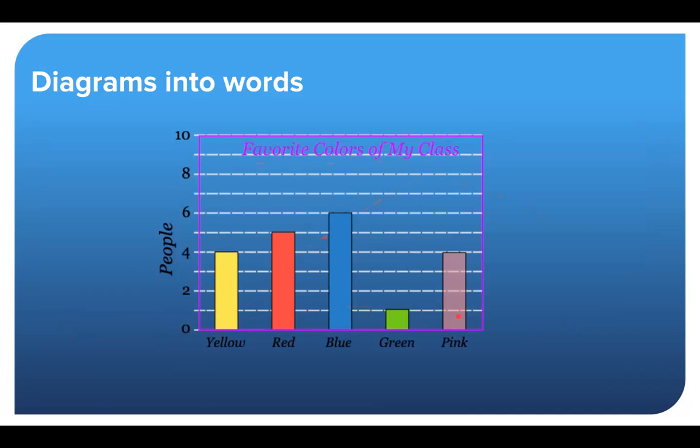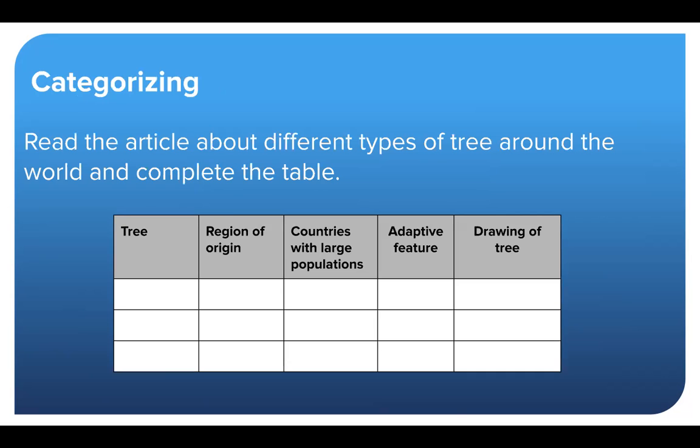So having students who are reading and writing learners write a short paragraph about what's happening in the graph allows them to make sense of the data and to draw conclusions about what it means. And categorizing is also very good for reading writing learners.